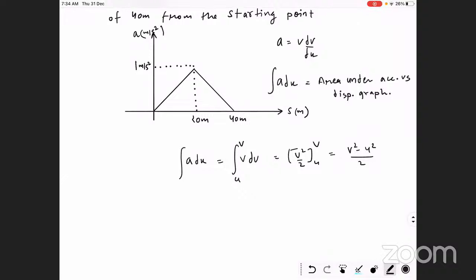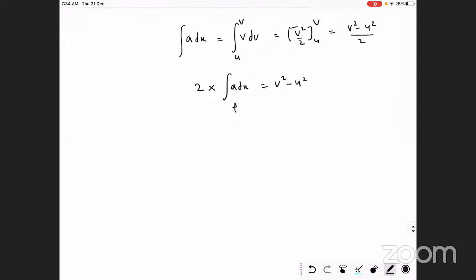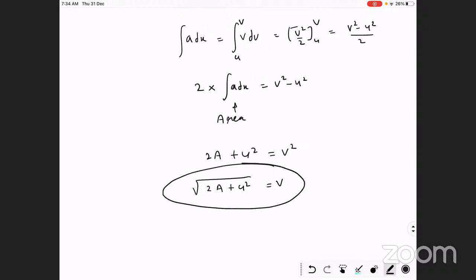Transfer to the other side: 2 into the integration of a dx is equal to v square minus u square. And this represents area. So 2 into area plus u square is equal to v square. So under root of 2 into area plus u square is equal to v, the final velocity. Could you understand that?